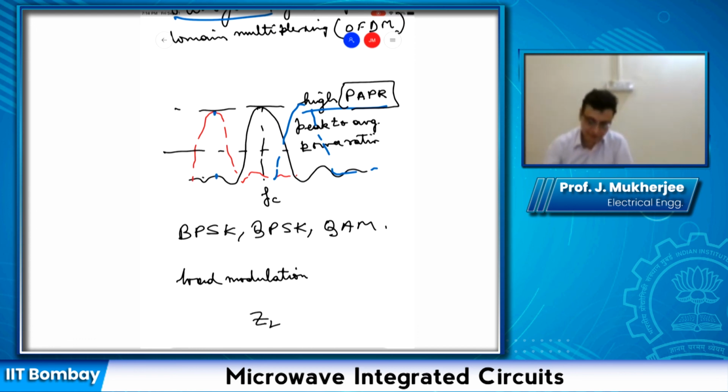But to achieve this uniform, linear gain at both the peak as well as average powers, it's not so easy to do that if you have a constant load. So the ZL has to be dynamically changed. Dynamically change means while the power amplifier is operating, you have to keep changing ZL.